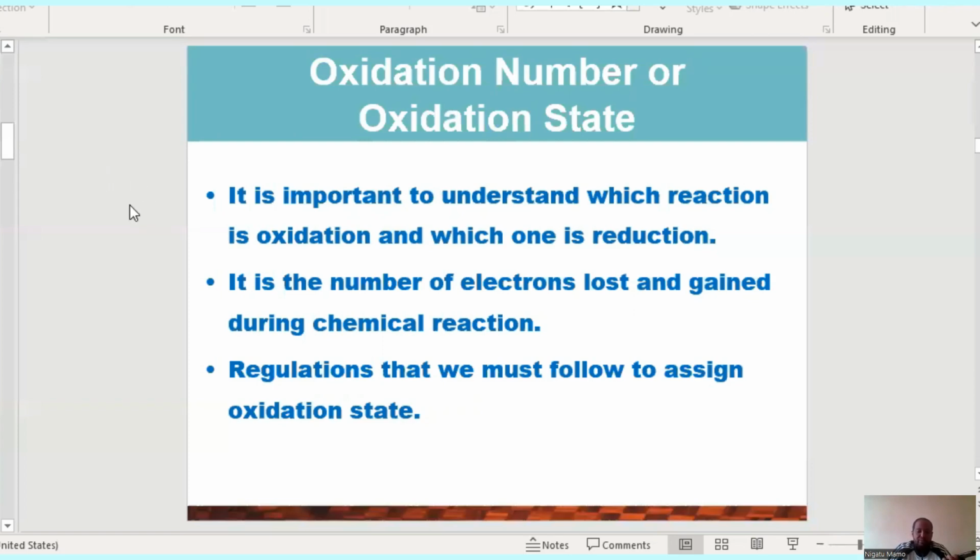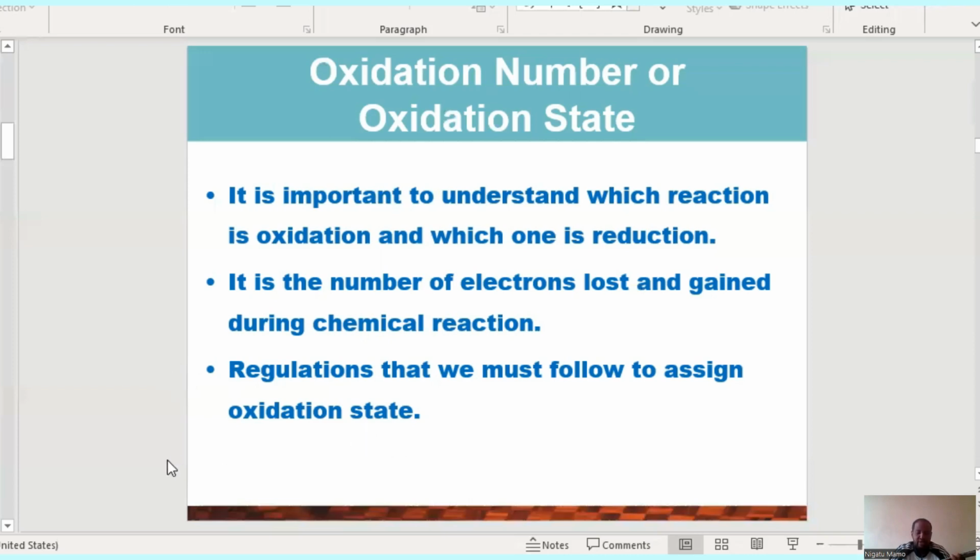Oxidation number or oxidation state is important to understand which reaction is oxidation and which one is reduction. Oxidation number is the number of electrons lost or gained during a chemical reaction. The number of electrons lost or gained during a chemical reaction is known as the oxidation number or oxidation state.